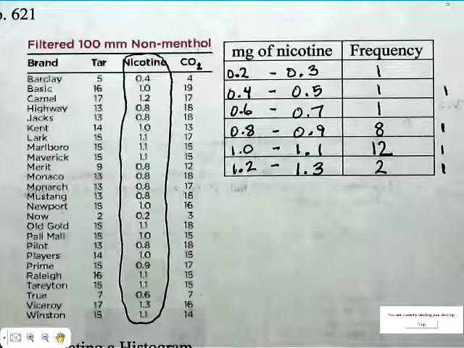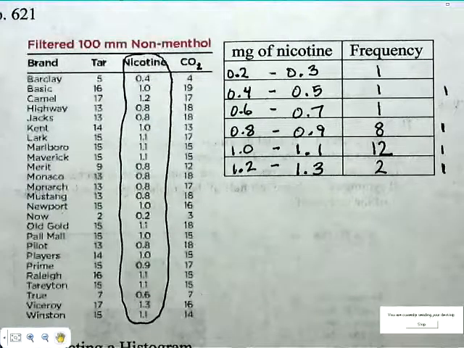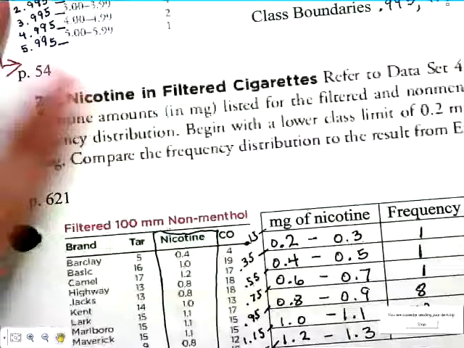Again, if I ask you for the class boundaries, it would be halfway between 0.3 and 0.4. Right here would be 0.35, 0.55, 0.75. But don't forget to go back a class boundary too. Let me just list those.